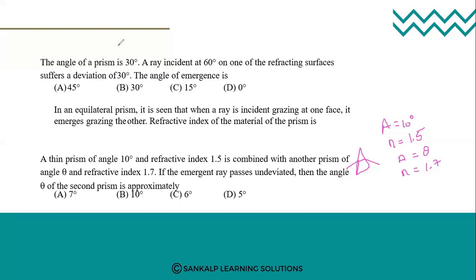See how to do this one. They are asking you, if the emergent ray passes undeviated, then the angle theta of the second prism.